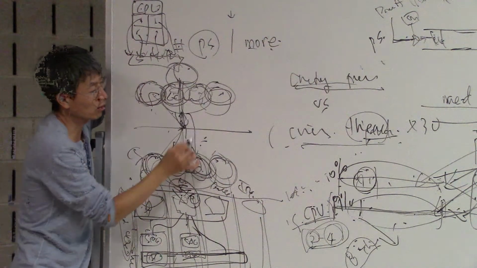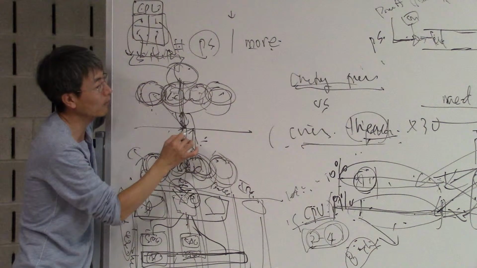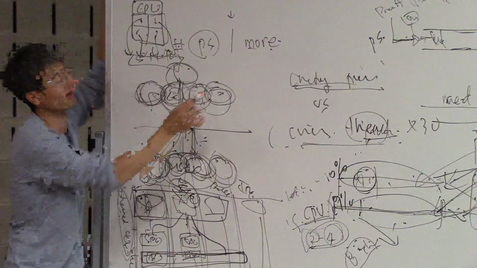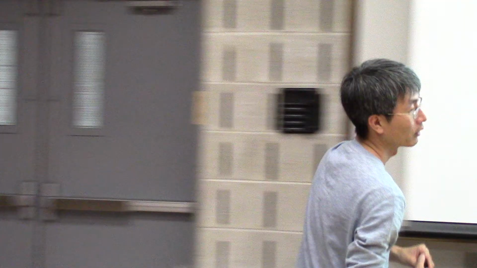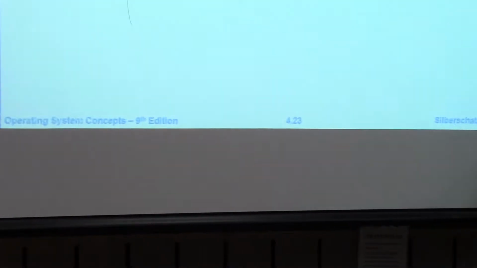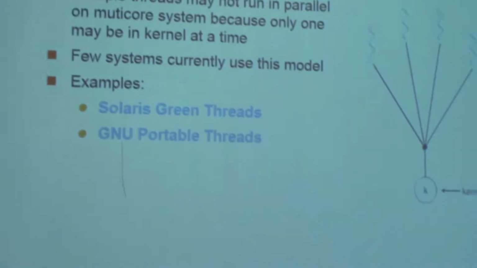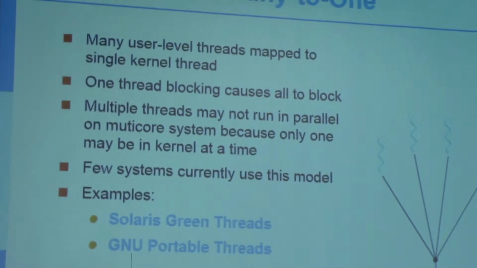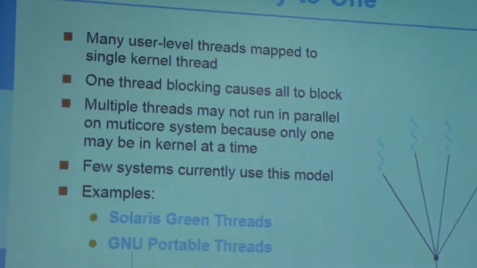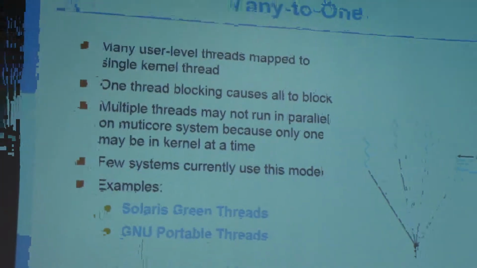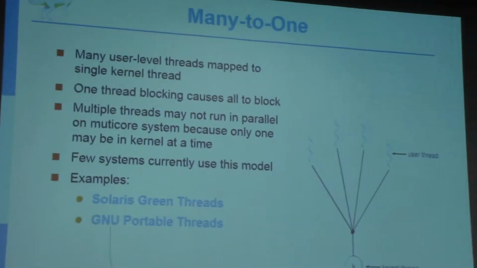So this user thread will request a system call, then one of the available kernel threads will take care of it. So this is many-to-one. So we have many user threads, but one kernel thread. Okay.